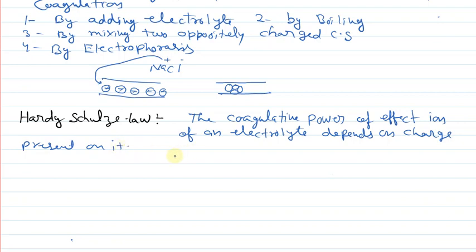It means Na plus, Ca plus plus, Al plus plus plus, and Ti 4 plus. All these are effective ions for neutralizing negatively charged colloidal particles. The coagulative power of Ti plus 4 is maximum, then aluminum ion, then calcium ion, and sodium has the lowest.